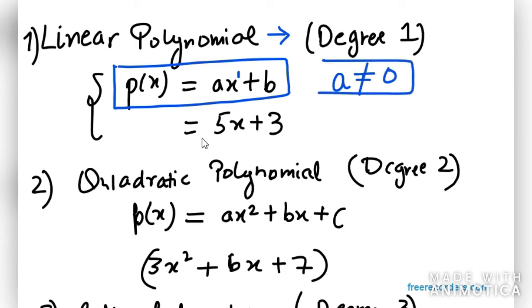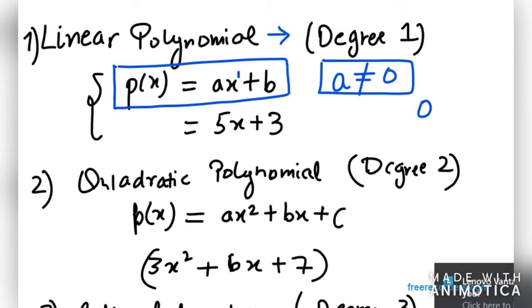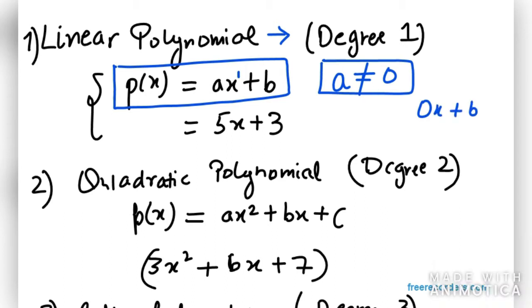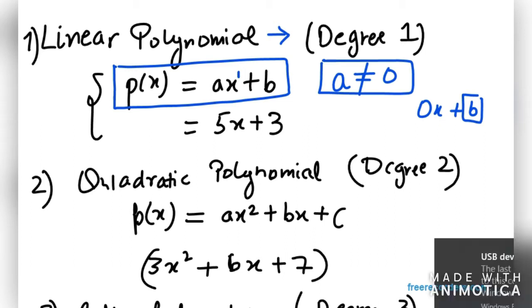Because if a is 0, there won't be any term of x. It will look like 0x + b, and it can't be a linear polynomial because it doesn't have degree 1. So in a linear polynomial, a should have some nonzero value.